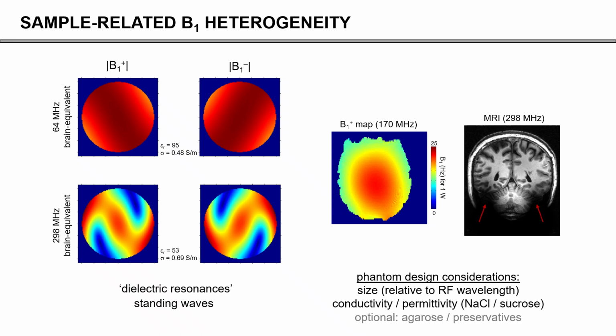Again, at higher frequencies, the wavelength becomes shorter, and therefore the size of the phantom will determine how much of a standing wave can be set up inside the phantom. And so phantom design considerations include the size relative to the wavelength, the conductivity, and the permittivity. And so you can either make phantoms that reflect the in vivo situation or that minimize this effect, depending on what you want.